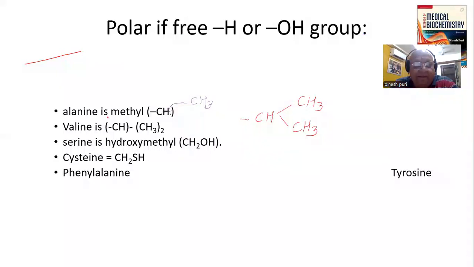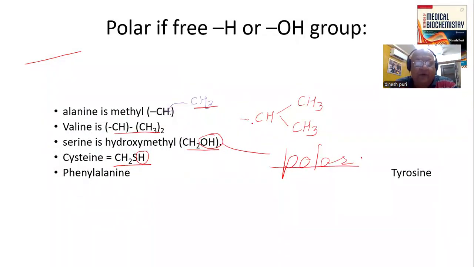You can see here in alanine the R group is this. Valine, it is this. Serine, CH2OH. Some amino acids have a terminal H or terminal OH group. Such amino acids are called polar amino acids, with a polar R group.